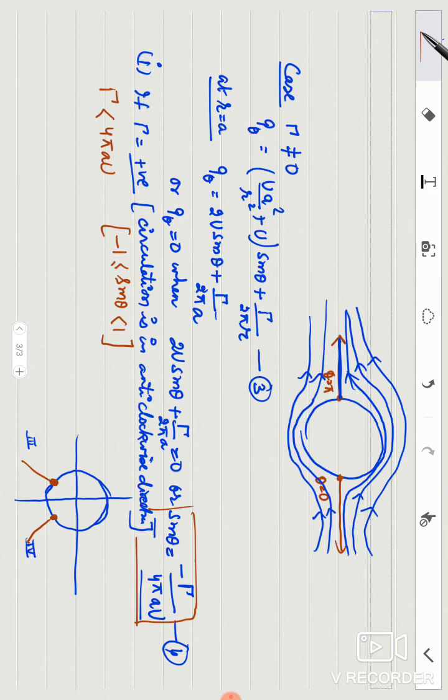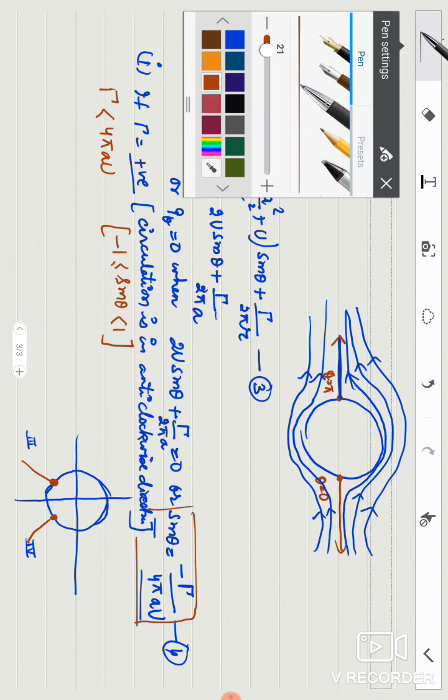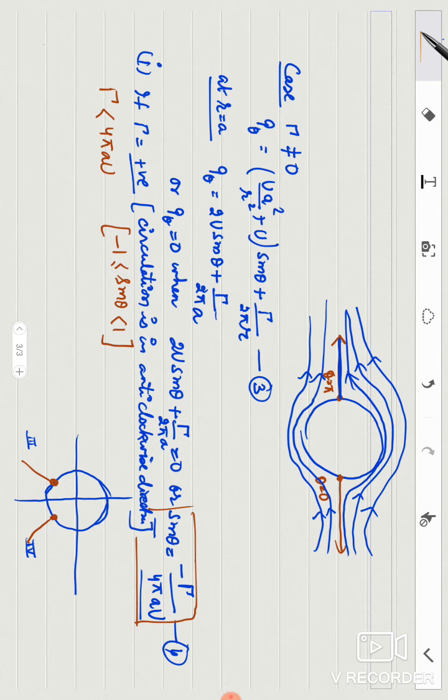Now what will be your flow lines according to this situation? According to this situation, because there is circulation, fluid is flowing like this, there is circulation as well, so your flow line will go like this.